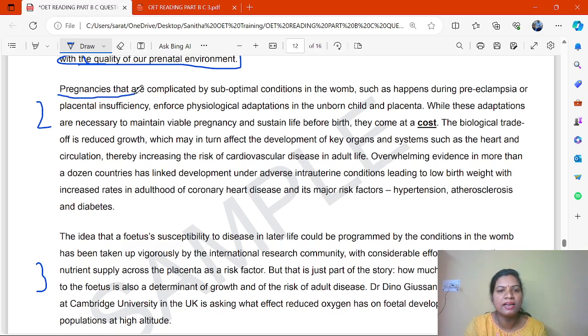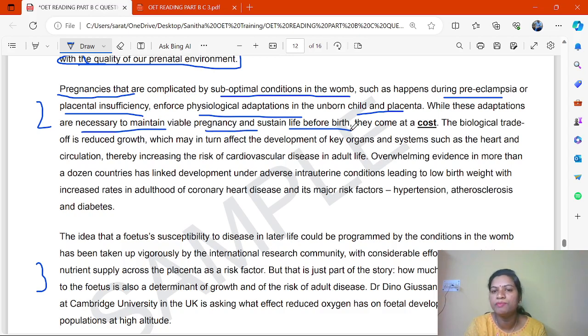Pregnancies that are complicated by suboptimal conditions in the womb, such as happens during preeclampsia or placental insufficiency, enforce physiological adaptations in the unborn child and placenta. While these adaptations are necessary to maintain viable pregnancy and sustain life before birth, they come at a cost. Understand?